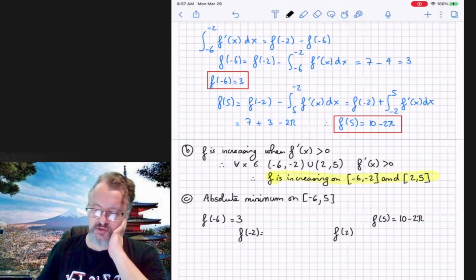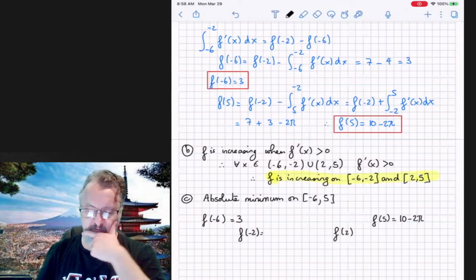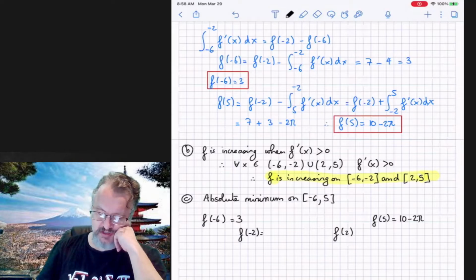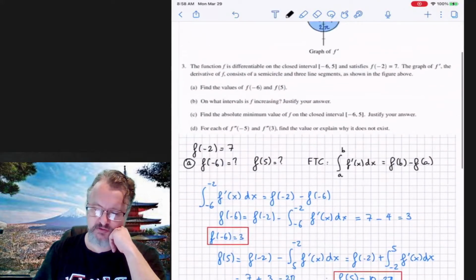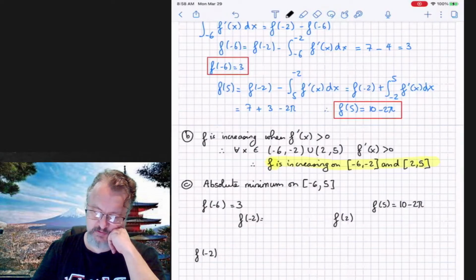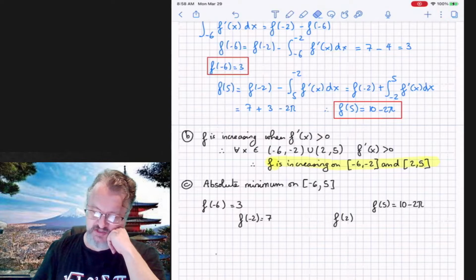So we can use the same technique that we used for part A for all of this. Okay. So f of -2, what will it be? F of -2 will be, oh, wait a second, f of -2 is already given to us. It's 7.